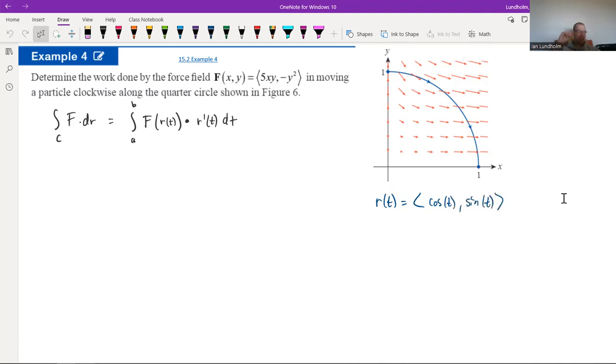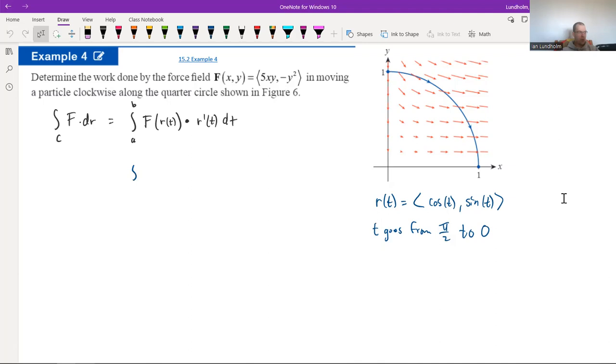But what's weird here, since we're going clockwise, is that t goes from pi halves to 0, which is not the way that we're used to seeing bounds.